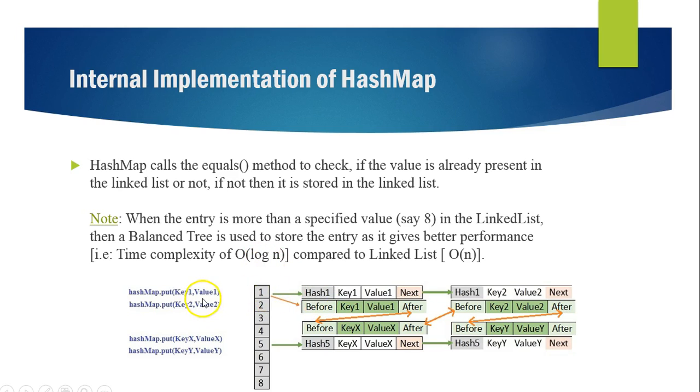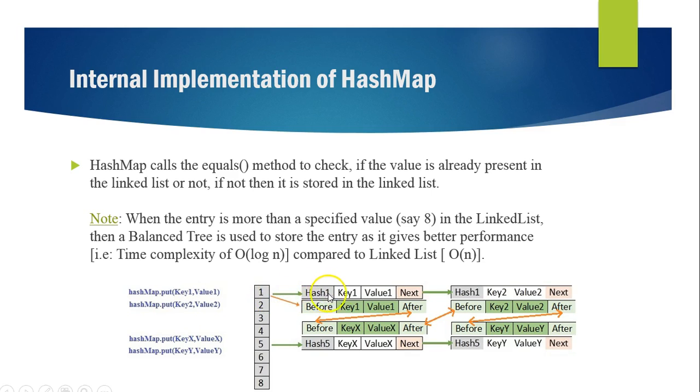So when we insert, say for example, key 1 value 1, key 2 value 2, key 3 value 3, key 4 value 4, and so on till key 8 value 8, a given specific number. Say for example all the key value pairs correspond to the same index position. The hash code of all the keys like key 1, key 2, key 3, key 4 and so on till key 8 points to this index position.